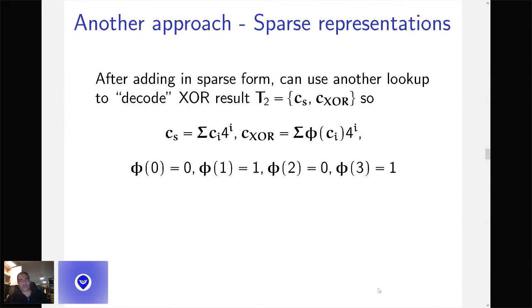It will be the table of all pairs C_S, C_XOR, where the C_I are now from 0 to 3, and I guess 3 is not necessary. And phi is just the function that decodes the XOR. So if it's 0 or 2, the XOR is 0. If it's 1, the XOR is 1.